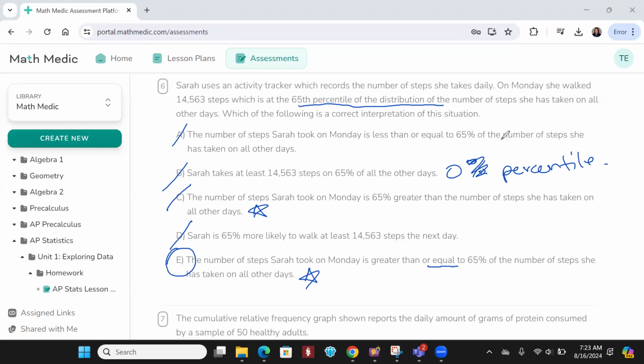But the score itself is greater than the rest of those scores. And since A is talking about how many steps you took on Monday being greater than or less than, how many steps you took on Monday is greater than everything else. It's not less than everything else, because everything else is less than the steps you took on Monday.